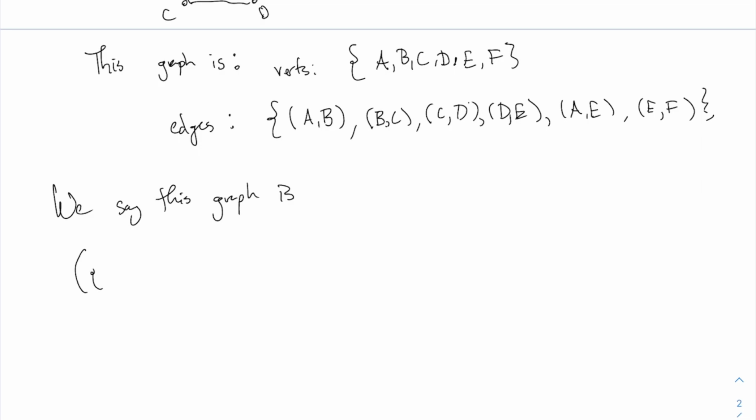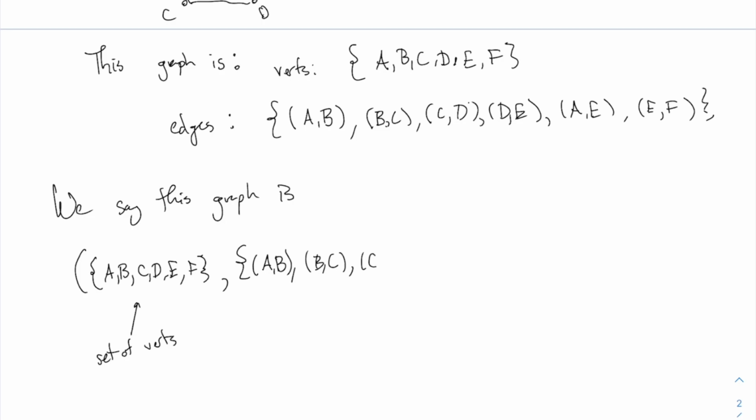So if you really want to write this in full technicality, it would be this. A, B, C, D, E, F. That's the set of vertices, followed by the set of edges. A, B. I'm just writing this set again.